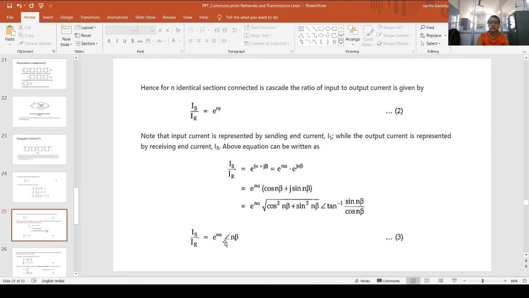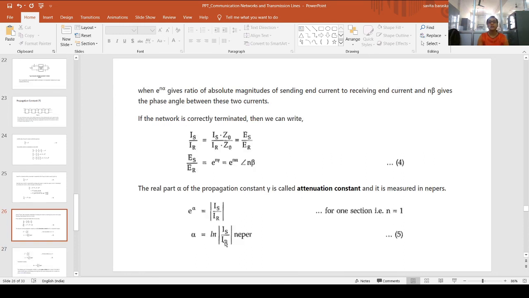So here the angle is n beta. So e raised to n alpha gives the ratio of absolute magnitude of sending end current to receiving end current, and n beta gives the phase angle between these two currents, when the network is correctly terminated.